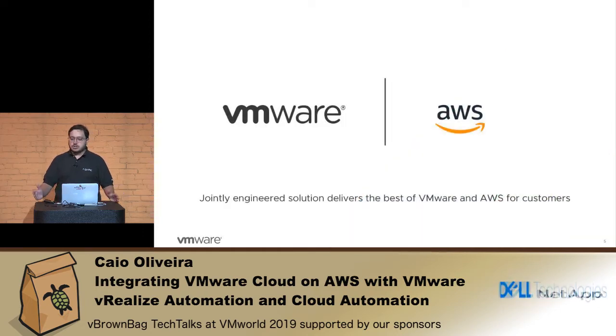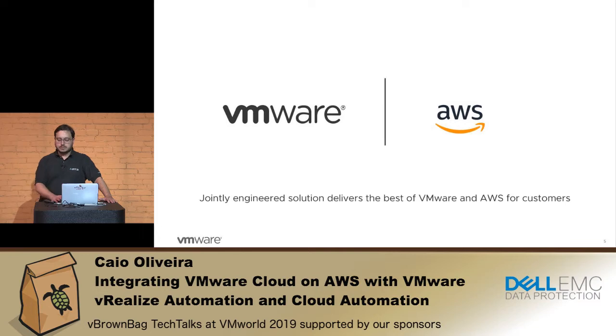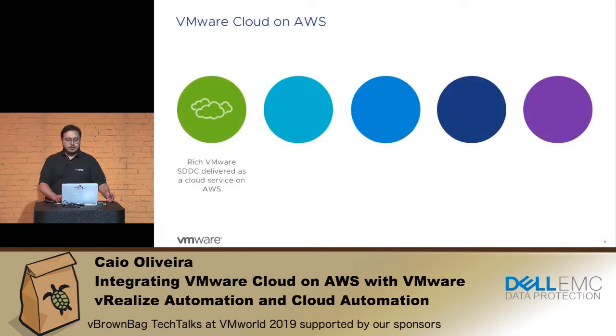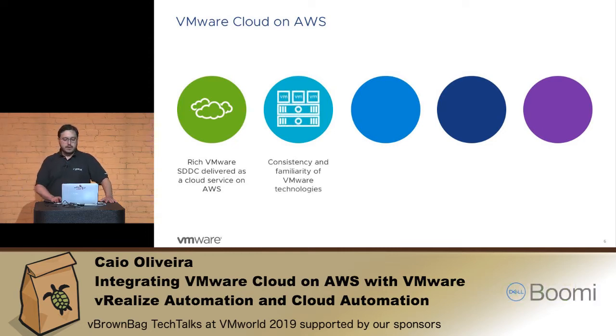This is a jointly engineered solution between VMware and AWS to deliver the best of both worlds to our customers, right? What are the main benefits here? The first one, we are delivering the SDDC, our software-defined data center, as a service on AWS infrastructure, right?